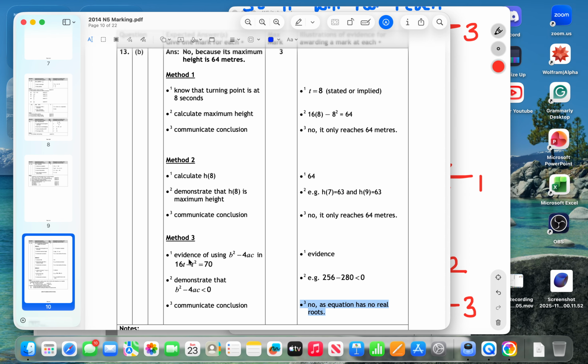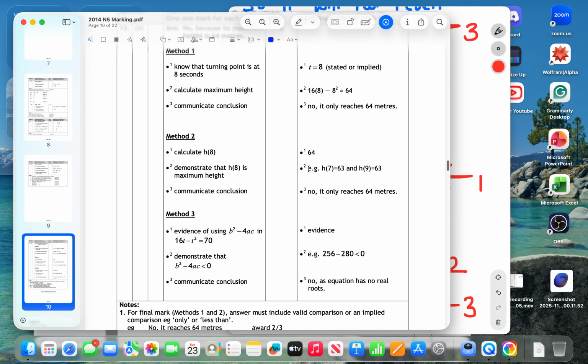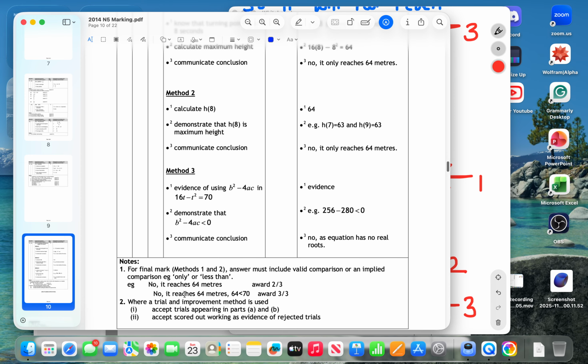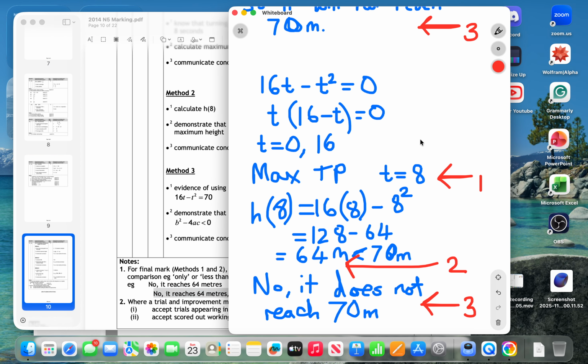So we'll have a look at this. I mean, they've done it a bit differently to me. They've said it only reaches 64, but if you have a look here, they used exactly what I did. So that's 3 marks for that. If you didn't compare the 64 and the 70, that would be only 2 marks. That's exactly how you do that question.